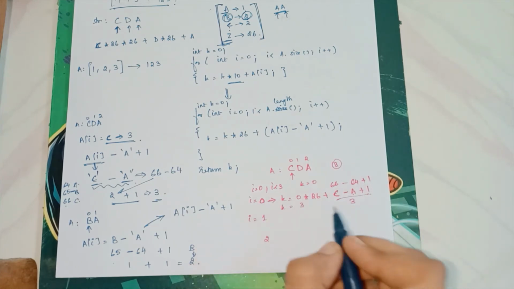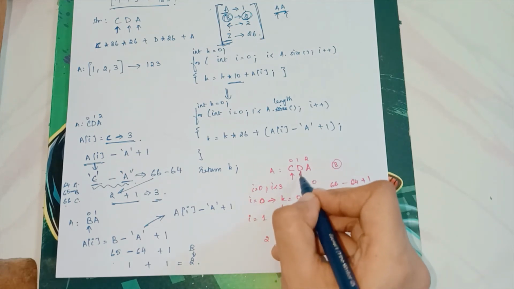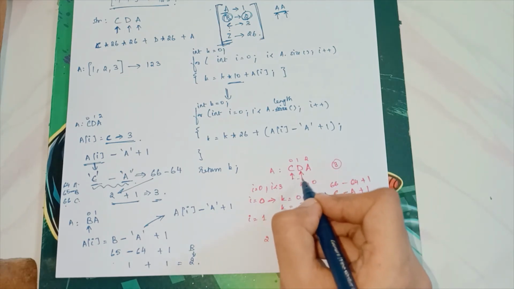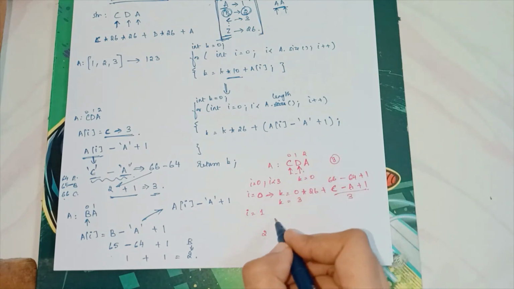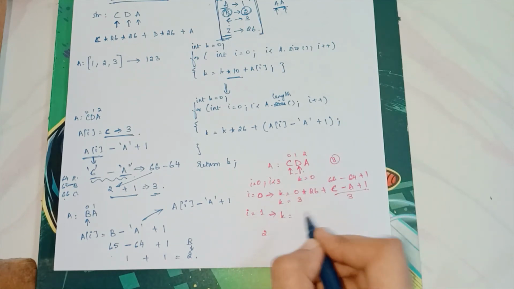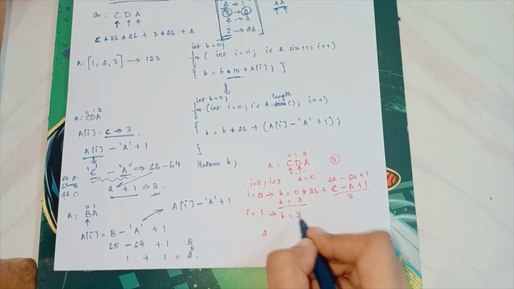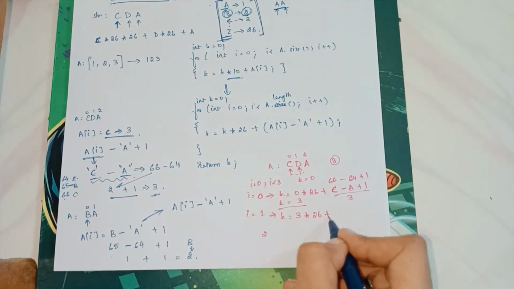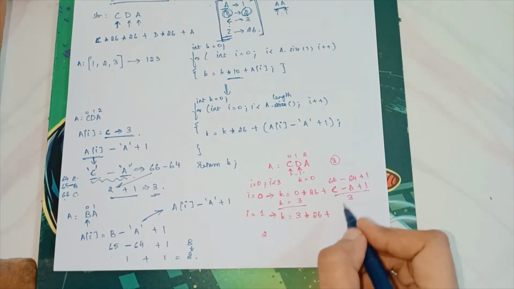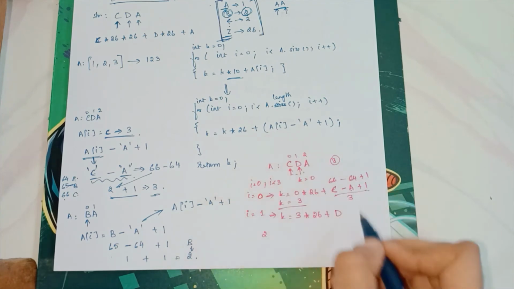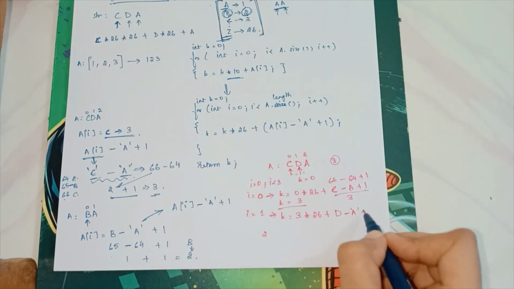Next, at I is equal to 1, I'll move to D. At D, K is equal to K into 26 plus. What is the value of K now? 3 into 26 plus, instead of C, you're going to get A of I minus A plus 1.